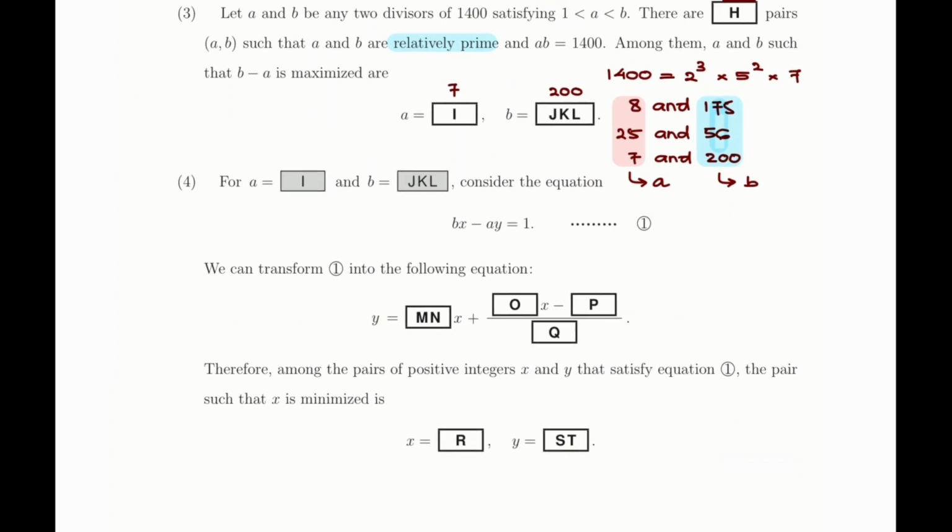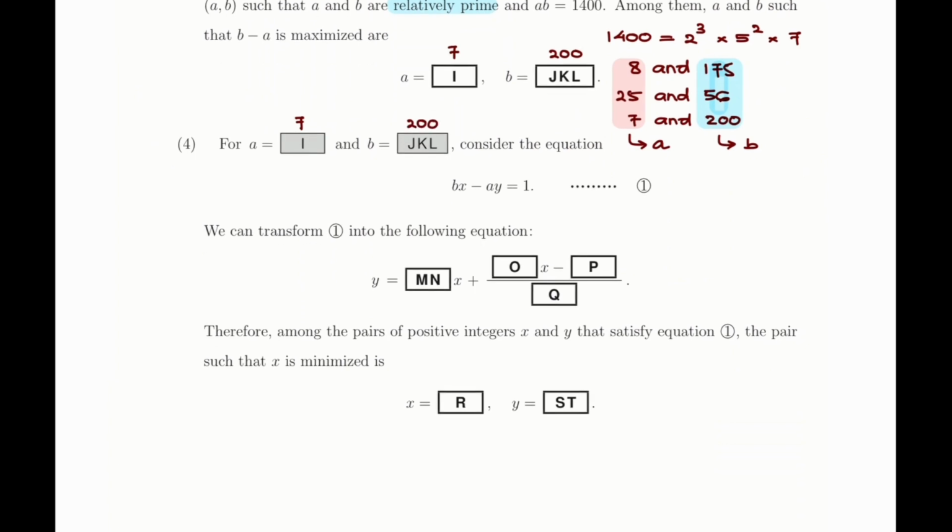Next, the last question, number 4. For A equals 7 and B equals 200, consider the equation Bx minus Ay equals 1, so I have 200x minus 7y equals 1. We can transform this equation.